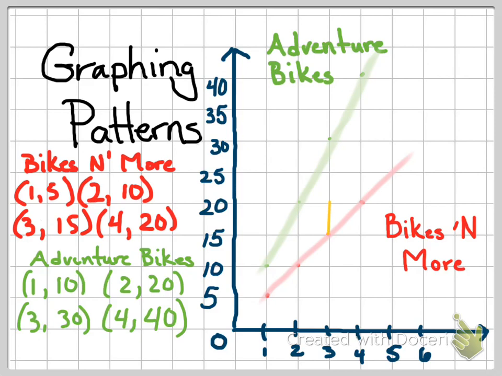So I'm going to go 5, 10, 15, and I know that this would represent a difference of $15 at 3 hours. So I can use my graph to compare the cost of the two stores.